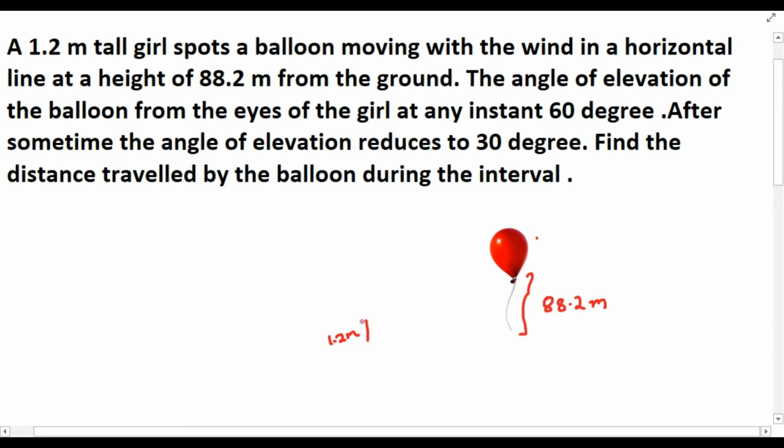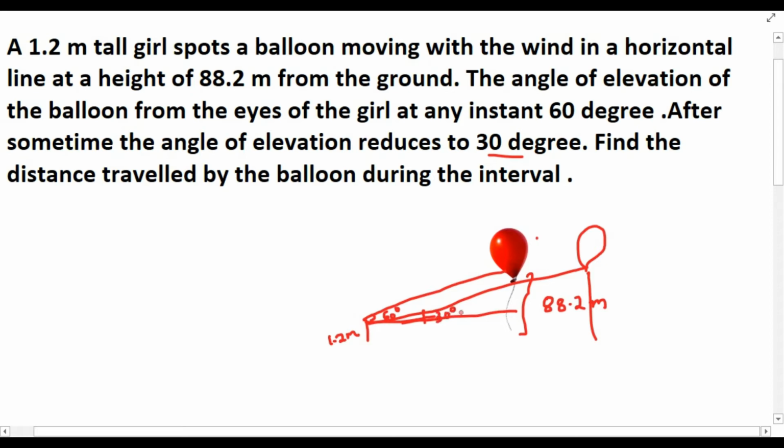The angle of elevation from the eyes of the girl at that time is 60 degree. After some time, the angle of elevation reduces to 30 degree. That means the balloon will move towards right. So somewhere here, the balloon is somewhere here, the angle of elevation reduces to 30 degree.